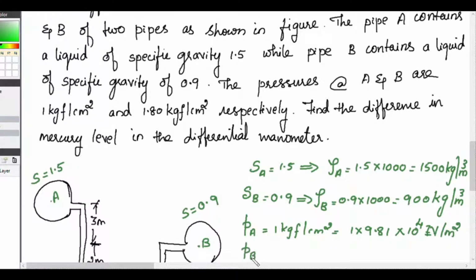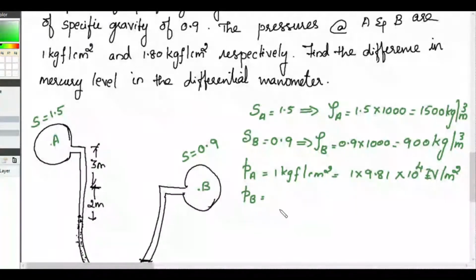Similarly, the pressure at B is 1.8 kilogram force per centimeter square, so we get 1.8 into 9.81 into 10 to the power of 4 Newton per meter square. Now we can equate. We are asked to find the difference in mercury level.